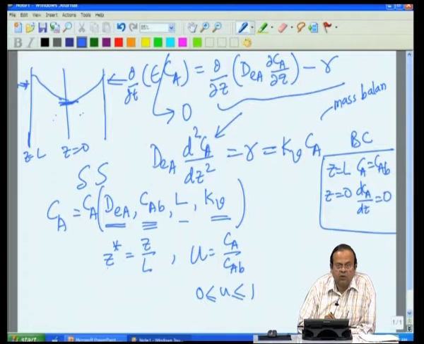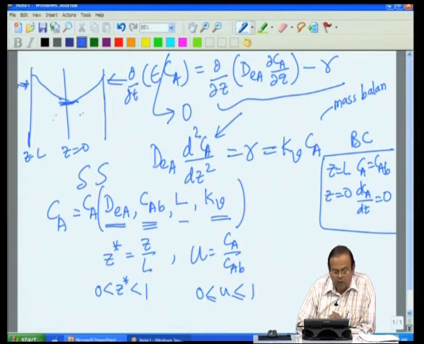Similarly, I have converted my axial coordinate z, instead of in microns or angstroms or whatever units that you want to put it, this also is between 0 and 1.